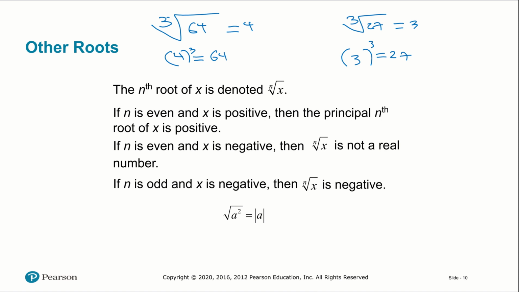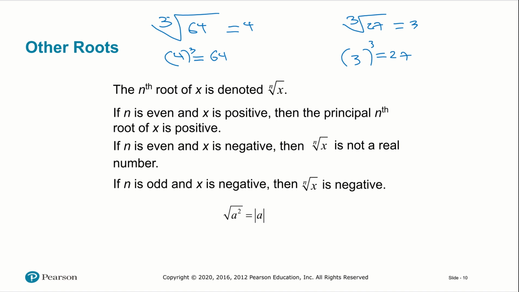Now, we don't have the same ambiguity with cube roots that we do with square roots. We don't get 2 cube roots, we just get 1 cube root, right? With even indices, we always have that situation where we may have 2 results, but not with odd ones.